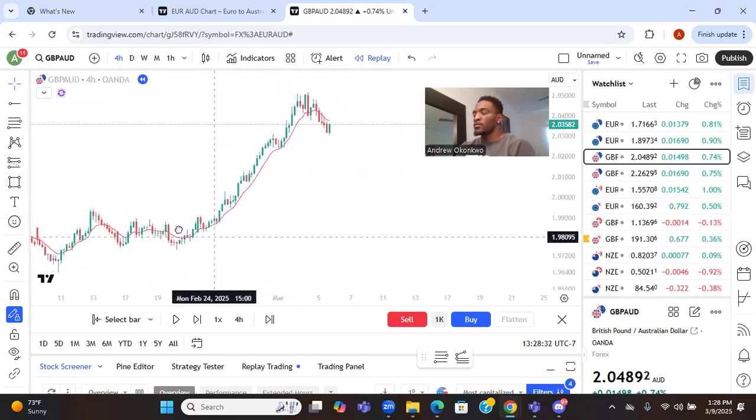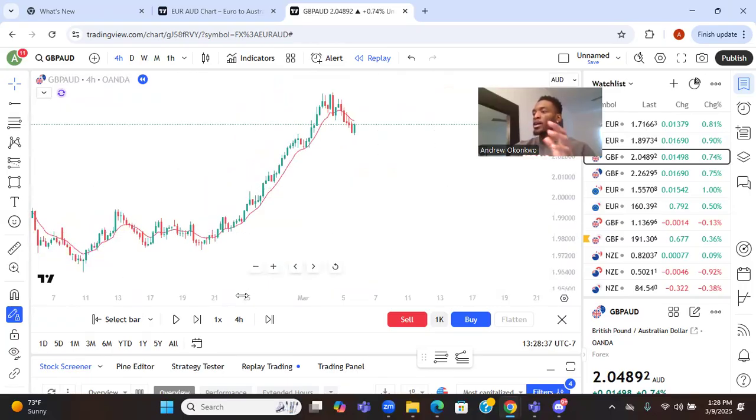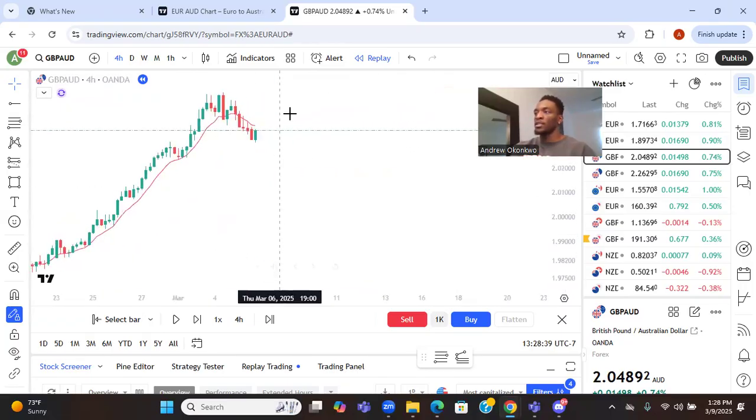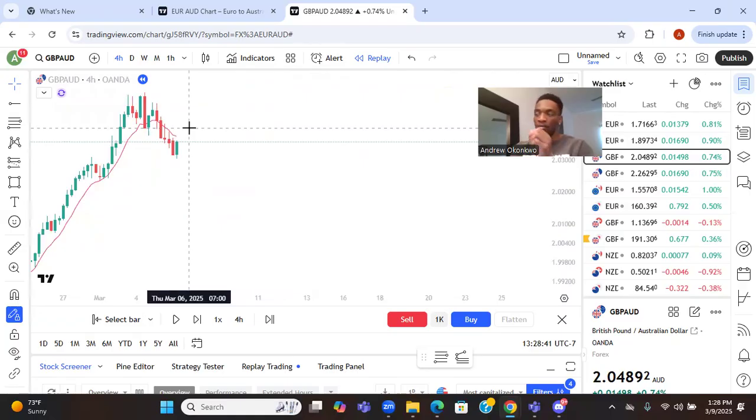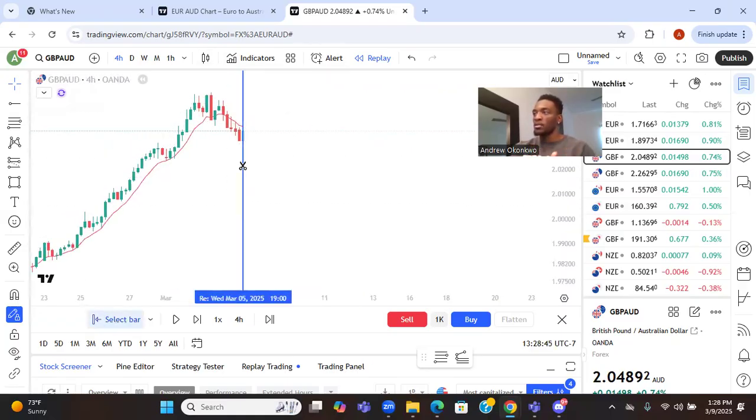Just for the sake of getting through every single trade, I'm not going to mark everything up perfectly. I kind of just want to show you. Let me erase this.